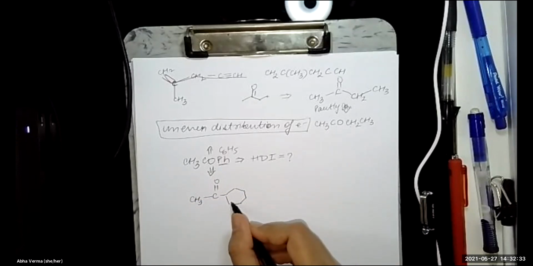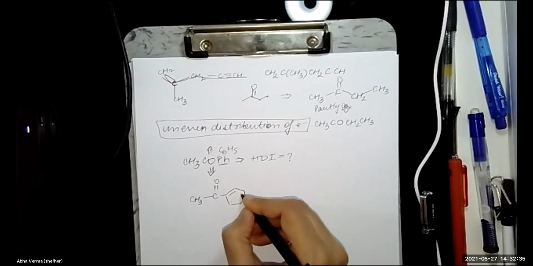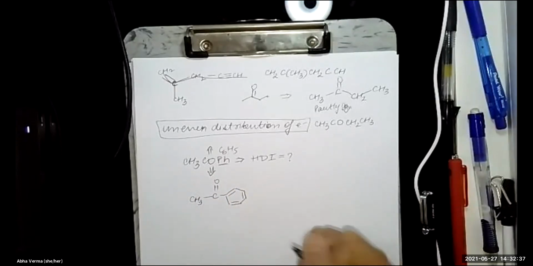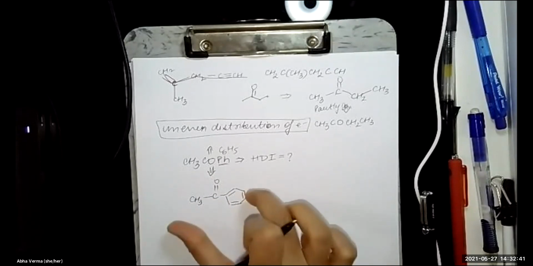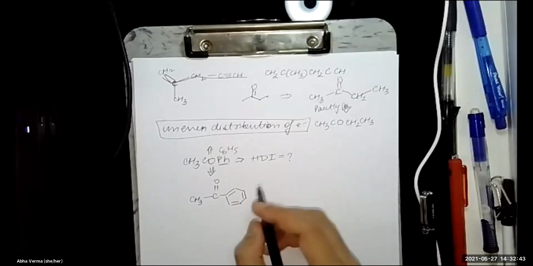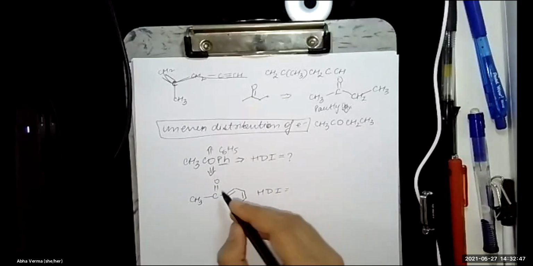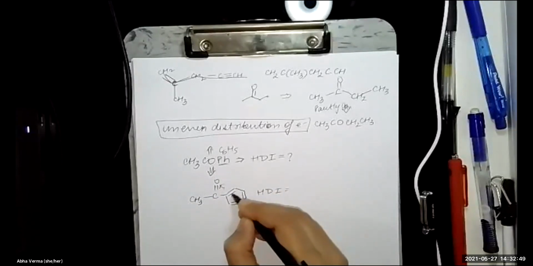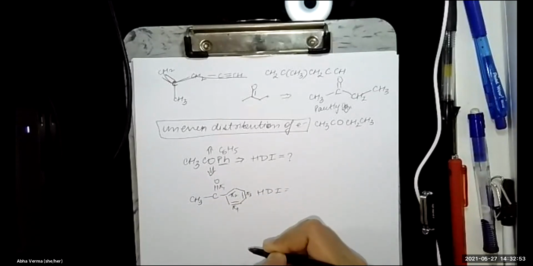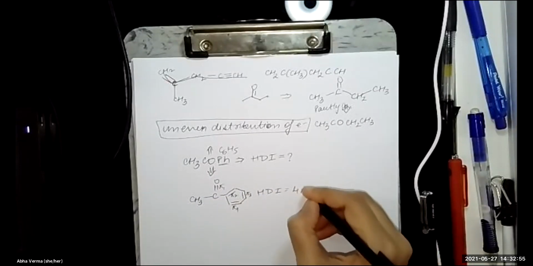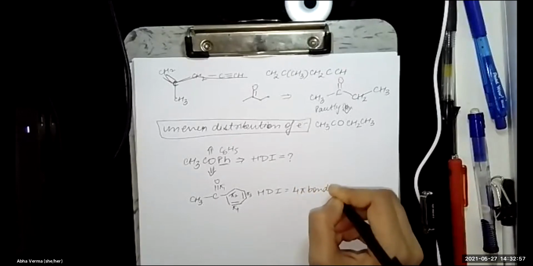But is this the complete phenyl ring? Just by looking at the structure, can you figure out what is the HDI here? So you have a pi bond here, pi bond here, pi bond here, and a pi bond here also. So you have 4 pi bonds.